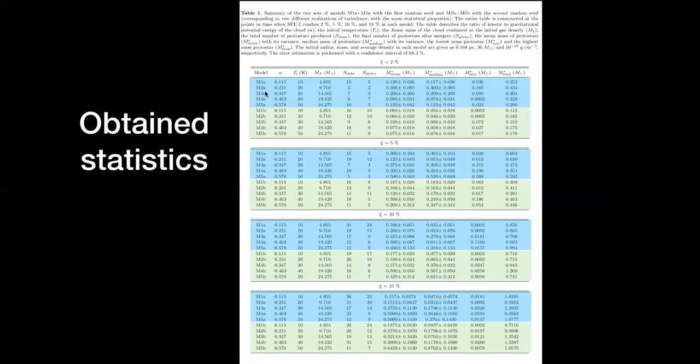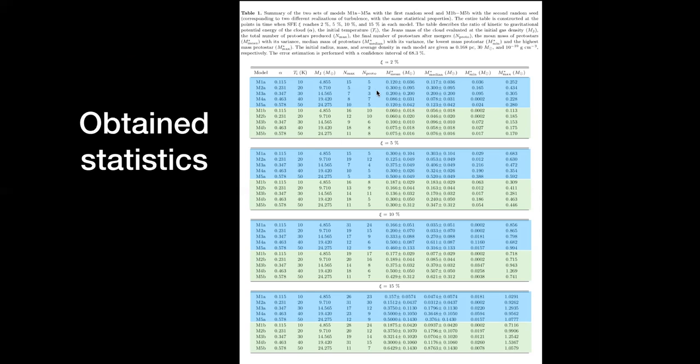From M1 to M5A, this is the first seed value, and we found that the gene's mass and the initial temperature values yielded a variety of protostars, which after merging can become a final number of protostars. There are certain mean masses, median masses, and minimum masses. So all the data is available to be analyzed.